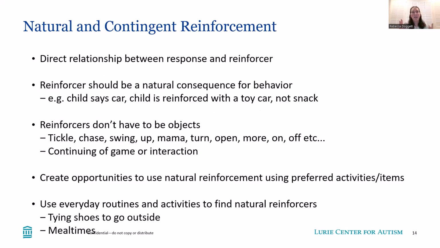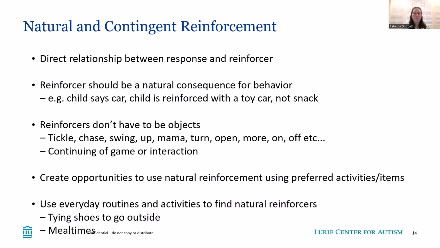So the real key part around PRT, and what I've kind of talked about in my examples going forward, is what's called natural and contingent reinforcement, where we want to see that there's a direct relationship between a child's behavior and what they're rewarded with. And historically, this has been somewhere where kids have not seen that connection.